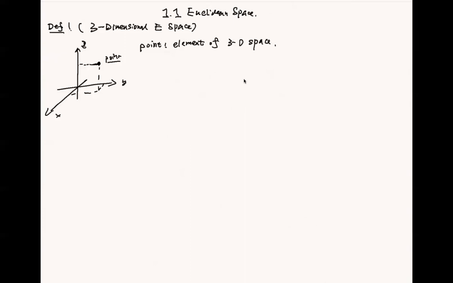We can say Euclidean space is a set called R to the power 3 and consists of points, which are triples.